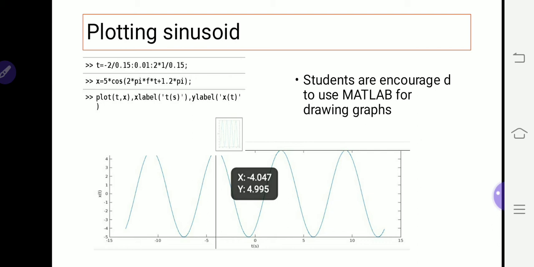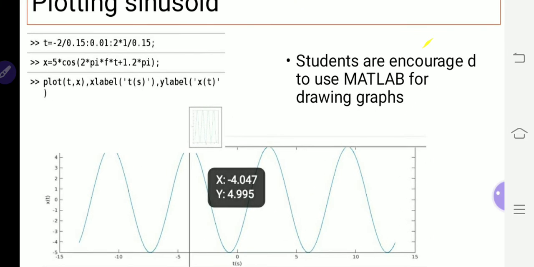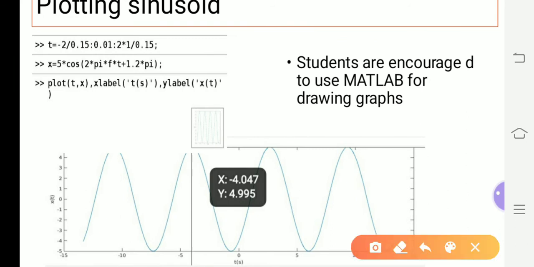There are instructions and slides that contain the license key that you will need to install MATLAB. To plot these sinusoids, I set the time to show about 4 cycles. That's why we need to do some calculation and planning before we proceed. I let x be 5 cos(0.3 pi t). I forgot to put here that f is equal to 0.15.